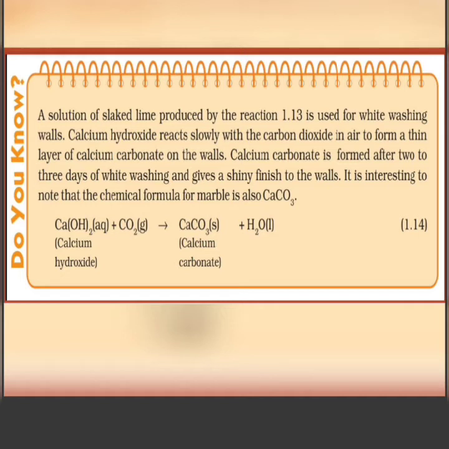And this calcium carbonate is formed after 2 to 3 days of whitewashing, and it gives a shiny finish to the walls. And this shiny finish is basically because of H2O, which is formed as a byproduct in this reaction. Okay, so one more thing, it is interesting to note that the chemical formula of marble is also CaCO3, calcium carbonate. Is that clear? So this is an additional point you can note down somewhere. It can come in reasoning also.